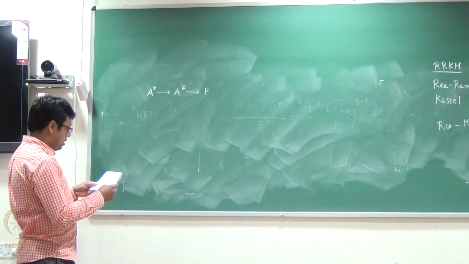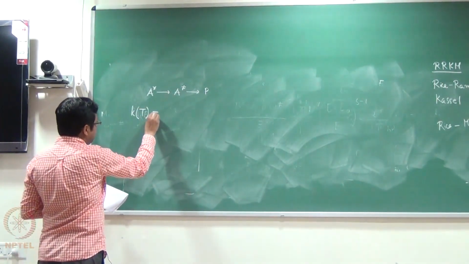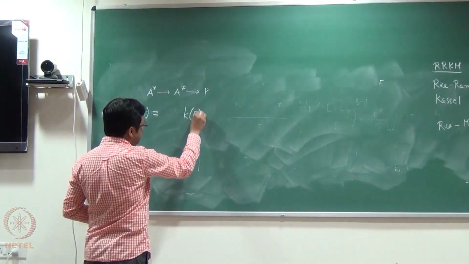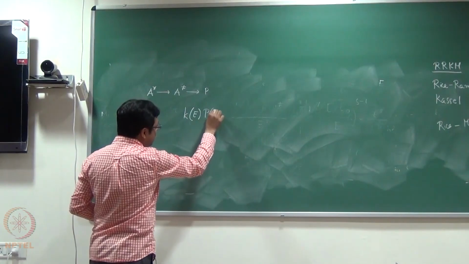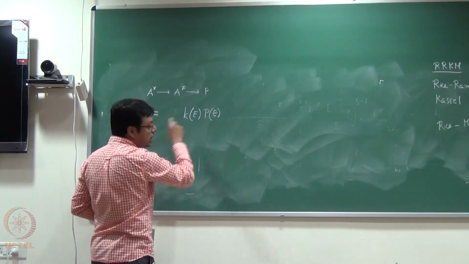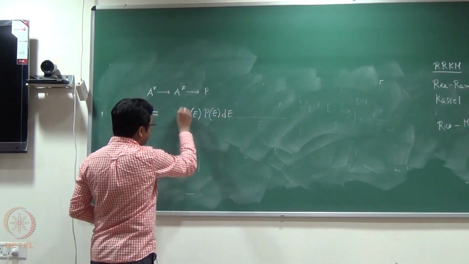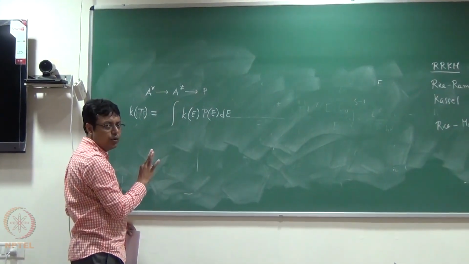Now, how do you get K of E? I can always calculate K of E, but then I have to say what is the probability that I have the energy E, and then I have to integrate over all possible energies. That is the essence.